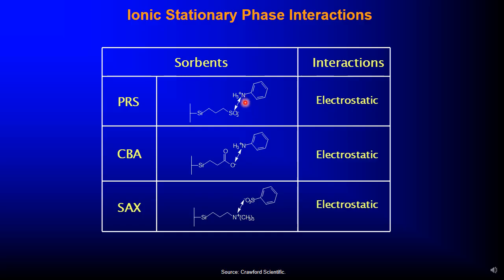You can see this particular group here interacting with a sulfite on this particular stationary phase. You can see mostly ionic is electrostatic interactions.